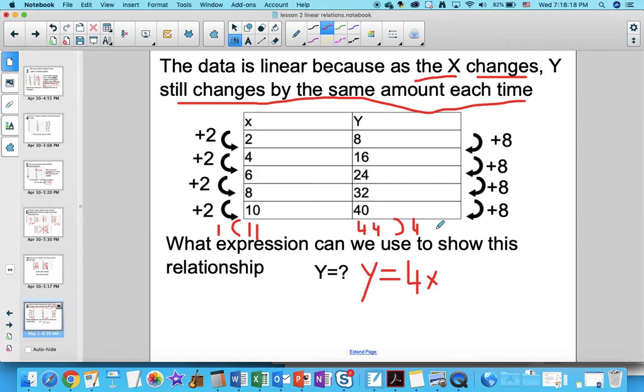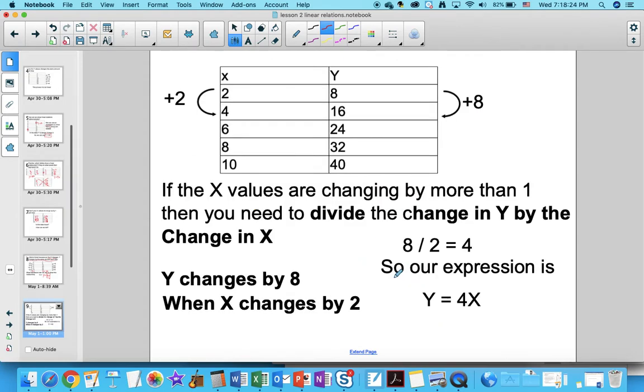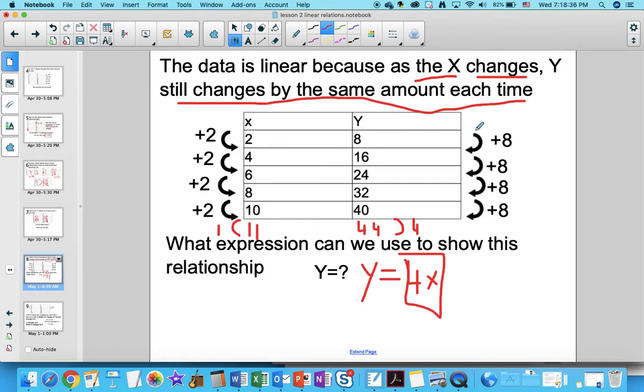Now, there's another way to find the number for the expression, and I'm going to show you. If the x values are changing by more than 1, then you need to divide the change in y by the change in x. So y is changing by 8. X is changing by 2.